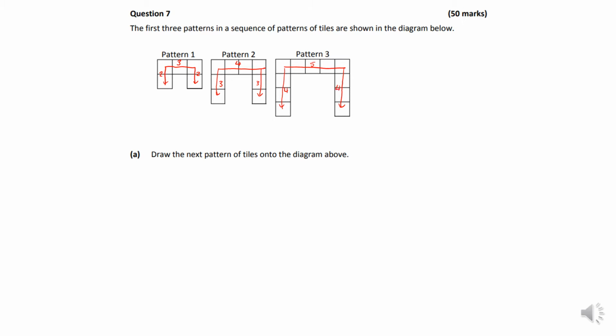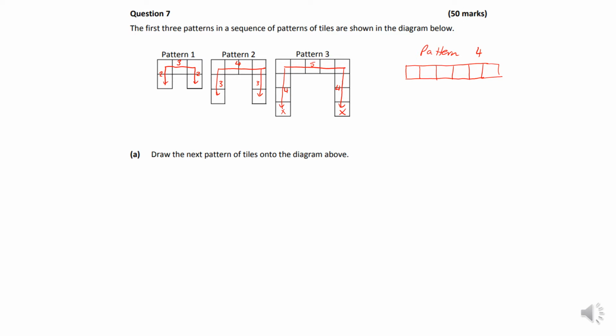Okay, so with each successive pattern we are gaining one box sideways or horizontally. So in pattern 4 we will have 6 across. So 1, 2, 3, 4, 5, and we'll put on another one, 6. Okay, so 6 across, and we're also gaining one to the end of each arm.